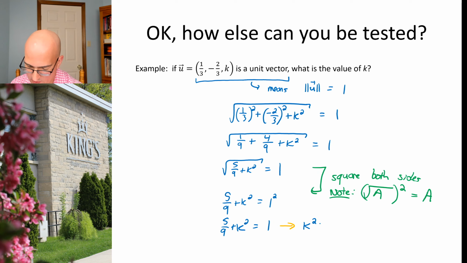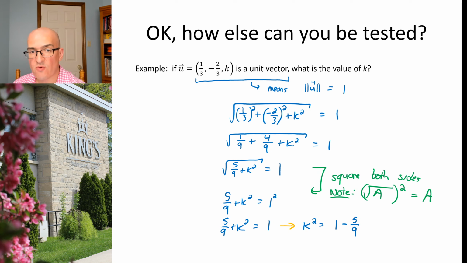So k squared is equal to 1 minus 5 over 9. Next step. We can take the root of both sides at this point, but it's better to simplify the right-hand side first. To do that, I'm going to make common denominators.